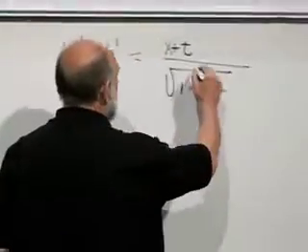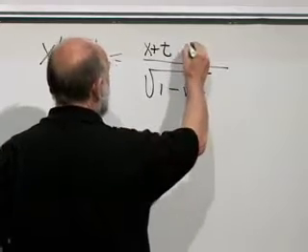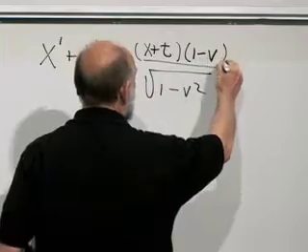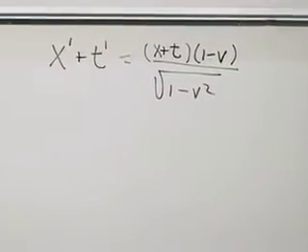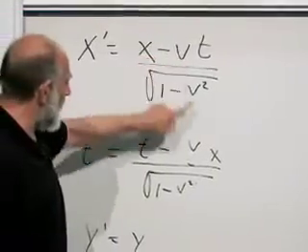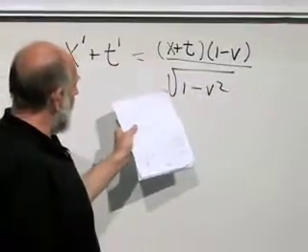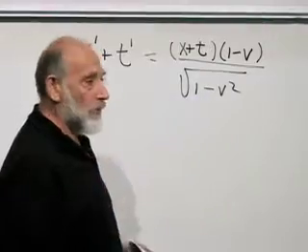So that will be x plus t times 1 minus v, all divided by the square root of 1 minus v squared.